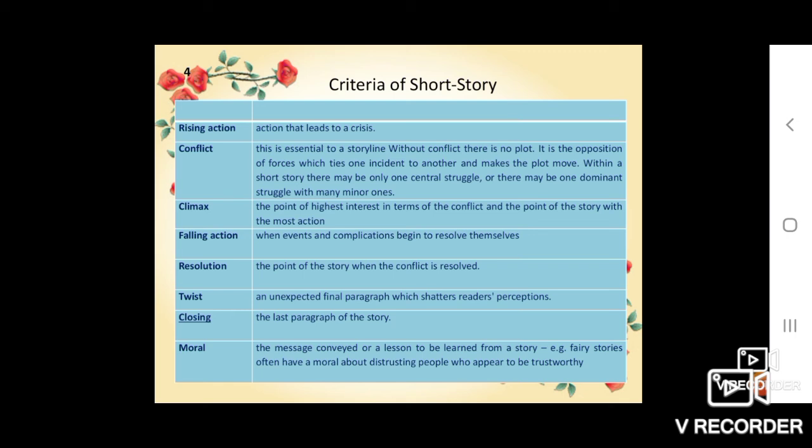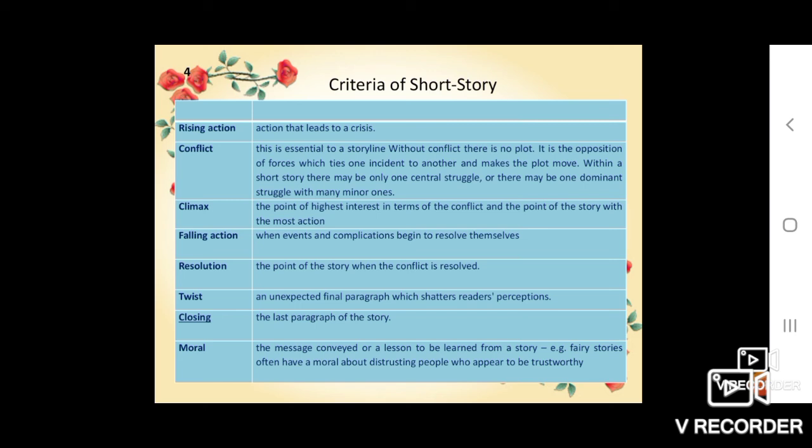After that, there is a twist, an unexpected final paragraph which settles the reader's perception. After this twist, there is closing, the last paragraph of the story. And after this there is always a moral, the message conveyed or a lesson to be learned from a story.